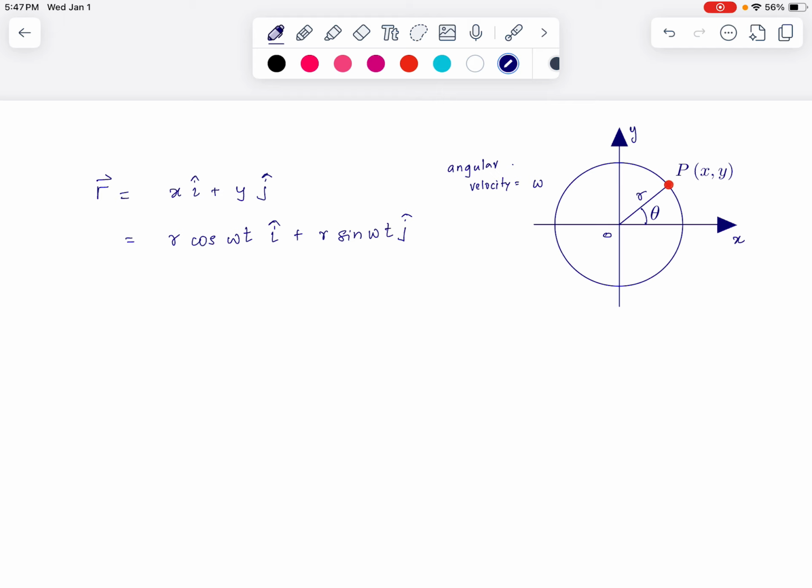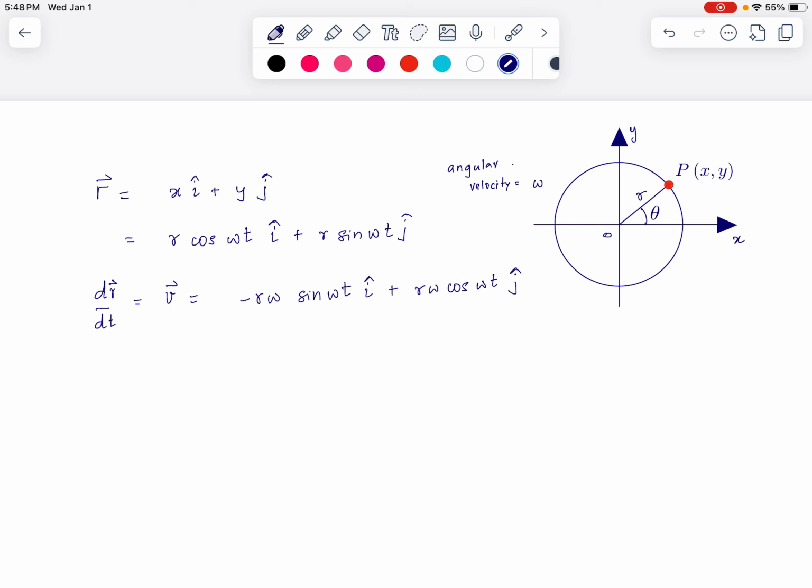So now let's find the derivative of the position with respect to time. If we write dr over dt, that is equal to the velocity vector, and that equals minus r omega sine omega t i hat plus r omega cosine omega t j hat, right?